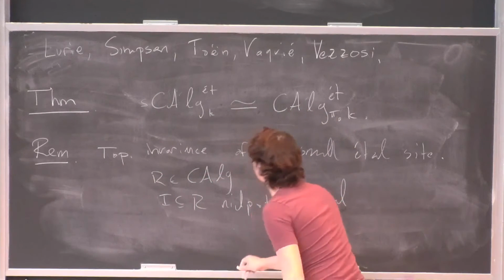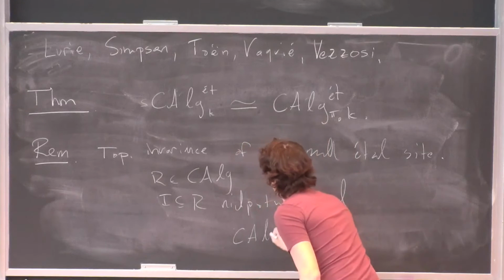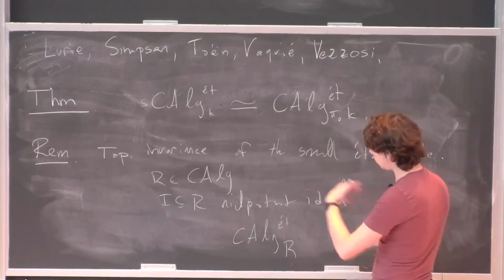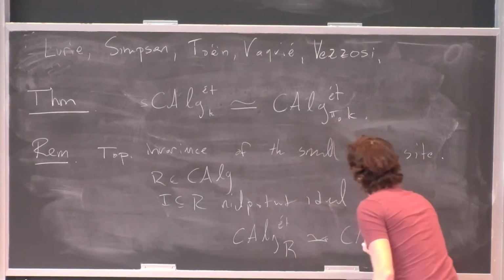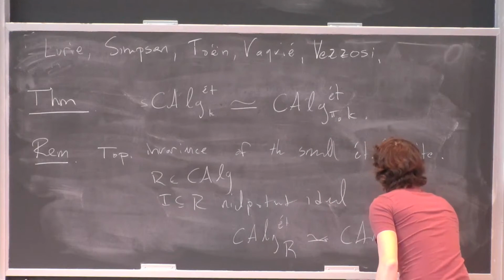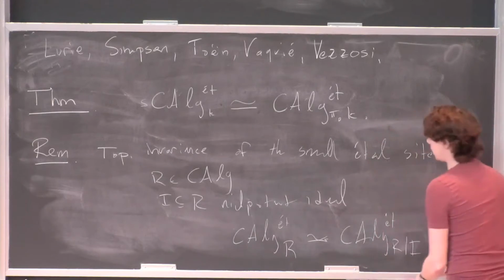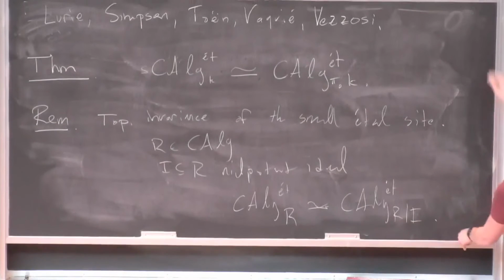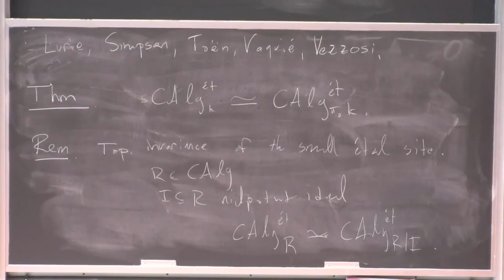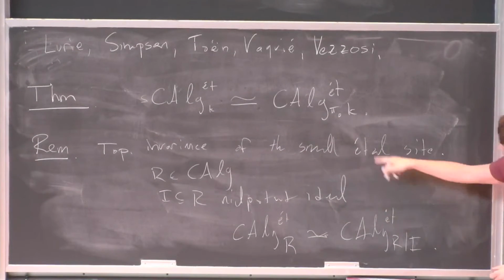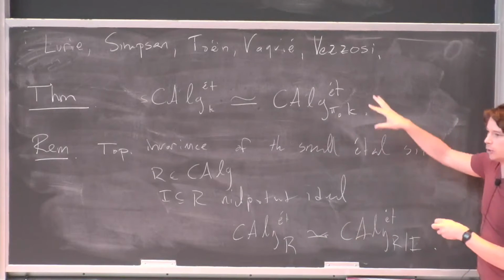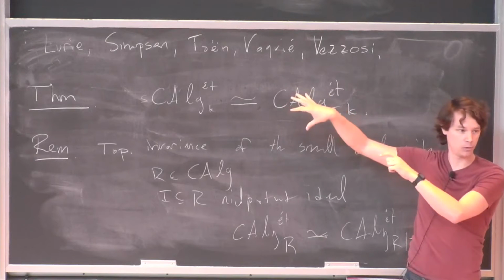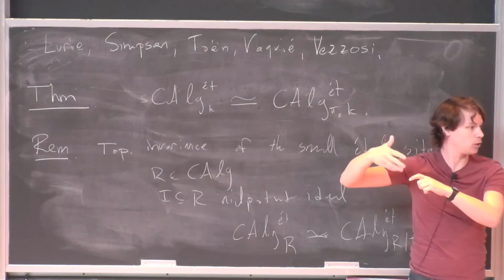Then the base change map gives me an equivalence from the small étale algebras over R to étale algebras over R mod I. And there are more general statements one could make, but this is one of them. So this topological invariance of the étale site, I want you to think of the higher homotopy groups in the simplicial commutative ring as being nilpotents, higher nilpotents.